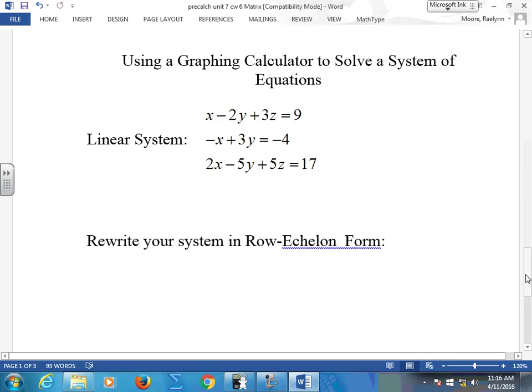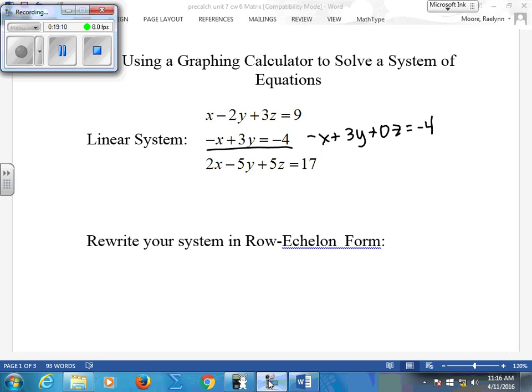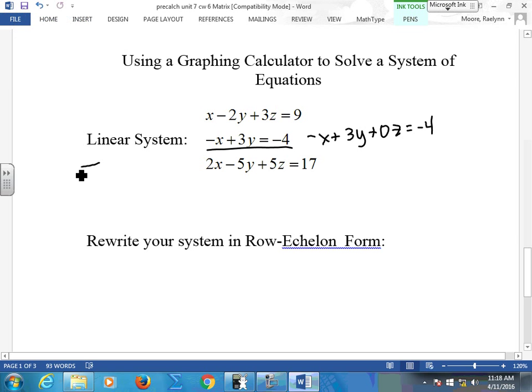So is this the one we just did? All right. Everybody enter this in your calculator. What's wrong with this second one? What's it missing? It's missing a Z. What do I do if it's missing something? 0 Z. So build me your matrix. This one should come out like 1, 0, 0.